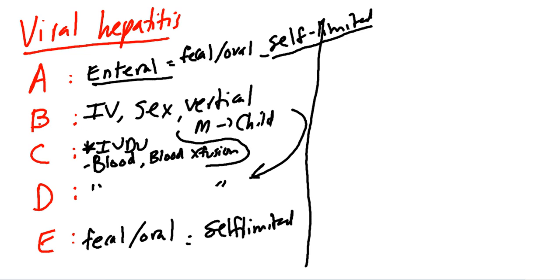However, hepatitis B, C, and D, these will all be chronic. Hepatitis B, C, and D are all chronic. So once you get infected, there are instances where you can get over it.